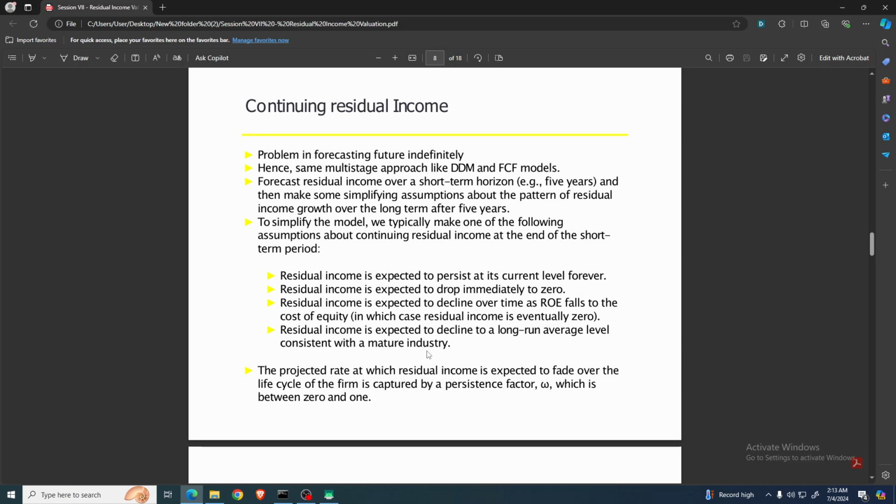And then you have return on equity, ROE, versus required rate of return on equity, which is simply r. If return on equity is equal to the required return on equity, it implies that the company is generating returns that exactly match and meet the investor expectations. So in such a case, residual income would be zero, right? Because we are considering the income generated with respect to the invested equity of the shareholders, not only the debt.